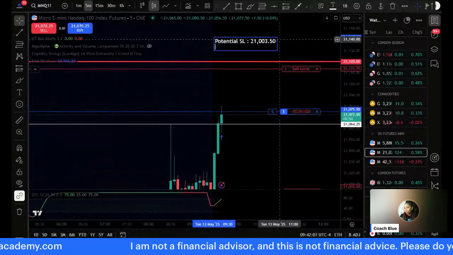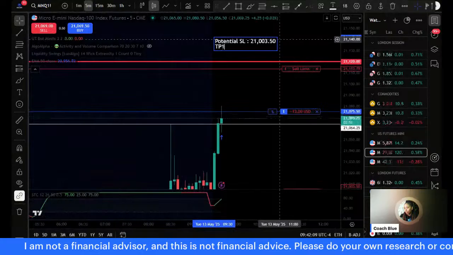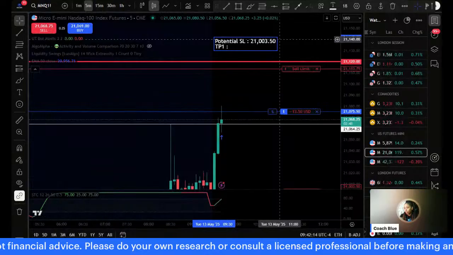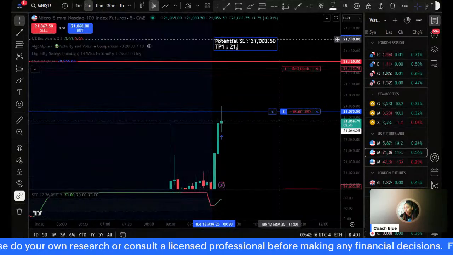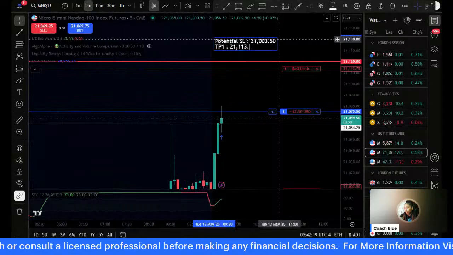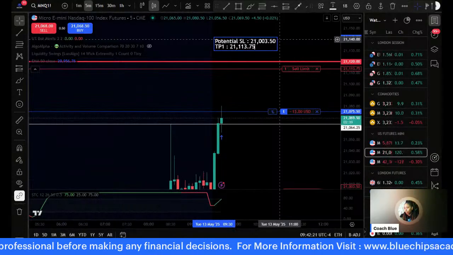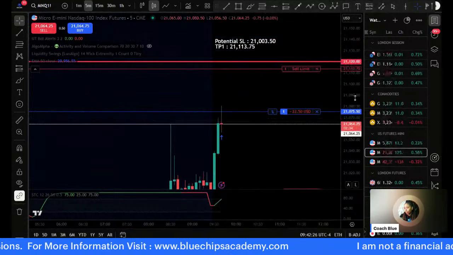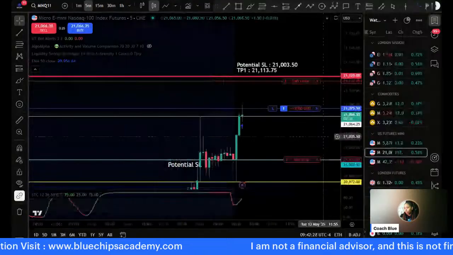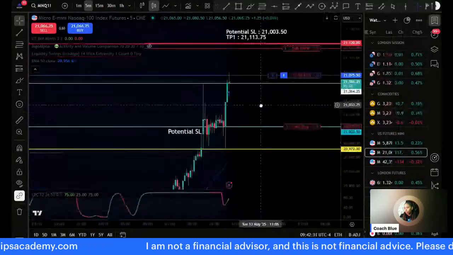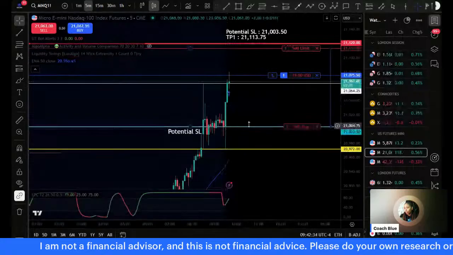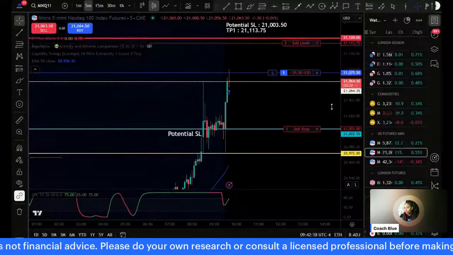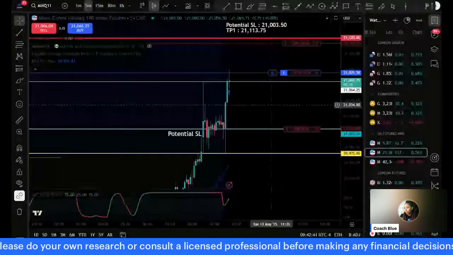TP1 is at 21,113.75. And then the stop should be right beneath the body of this candle right here. So those are the levels that we're looking at.